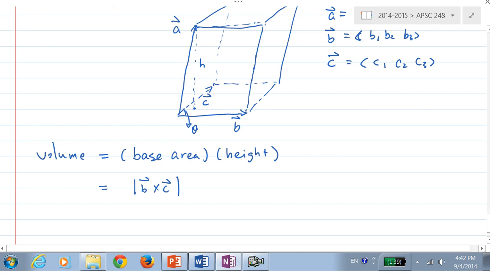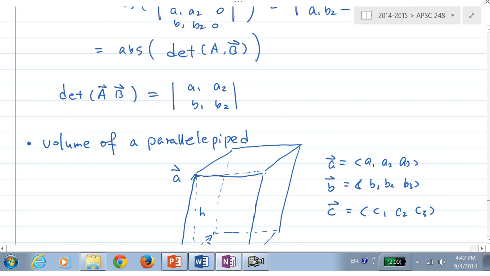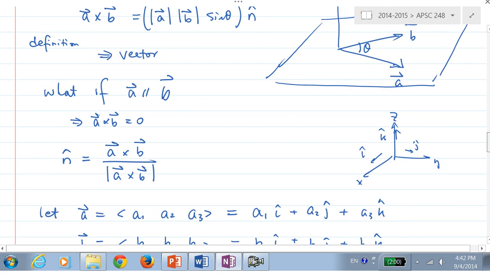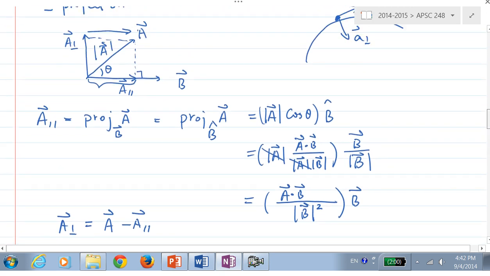Now you need to think in terms of the concept of projection. When we review the dot product, one of its major applications is to find the projection. So if you look at the dot product here, what is the length of this portion?